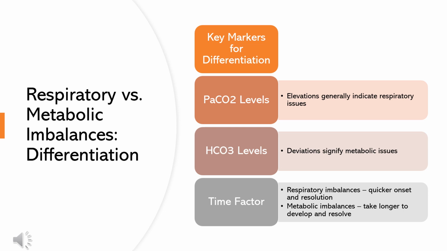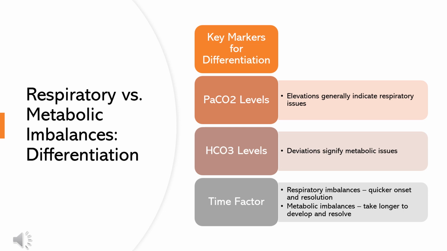If the pH and bicarbonate are moving in the same direction, suspect a metabolic issue. Respiratory imbalances often have quicker onset and resolution because lungs can adjust rapidly. But metabolic imbalances typically take longer to develop and to resolve, requiring renal system intervention.